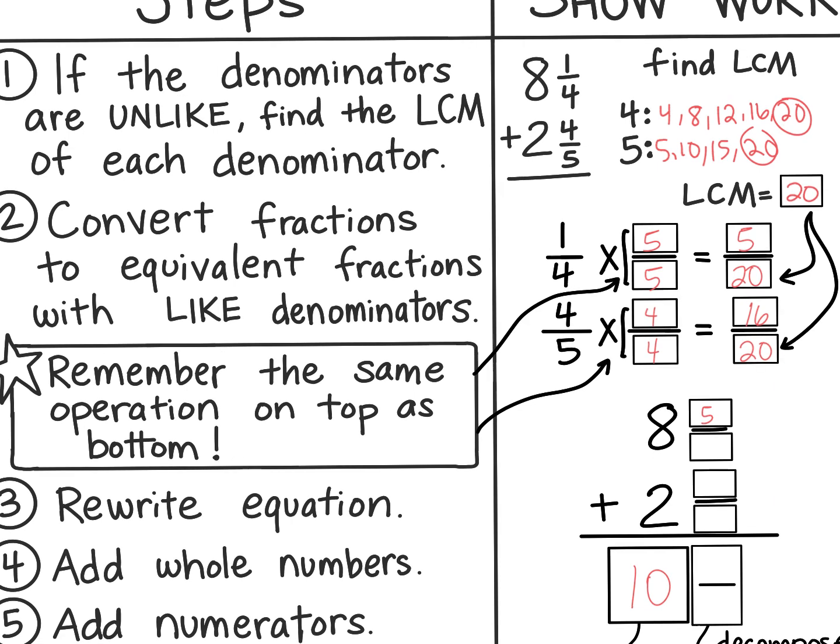So I'm just rewriting that. And then 2 16/20. Okay, these are my new mixed numbers once I have a common denominator. So my whole number equals 10. And then I'm focusing on just my numerators, 5 plus 16, which is 21. Does the denominator change? No. So my answer is 10 and 21/20.